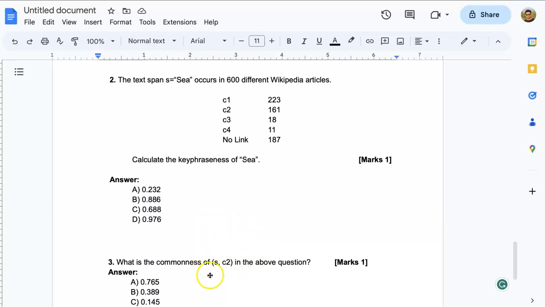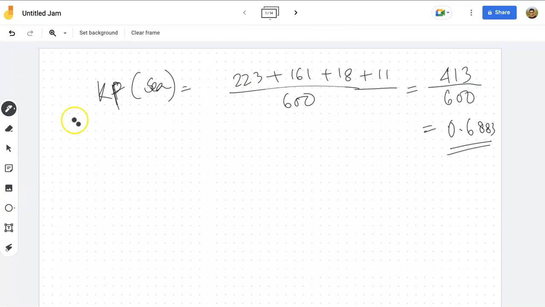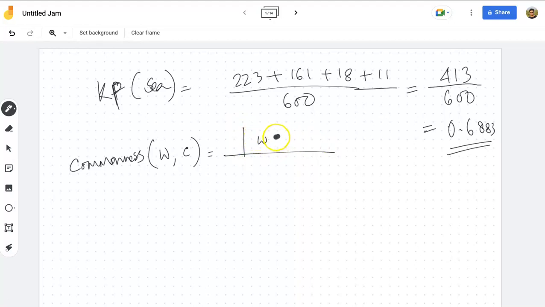So what is the commonness formula? Suppose we have a word W and a connection C. The formula is the number of times the word W is linked to C, divided by the number of times W is linked to all other connections, so all C dash.